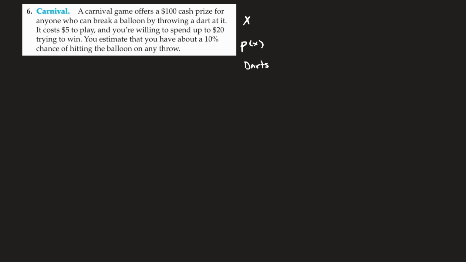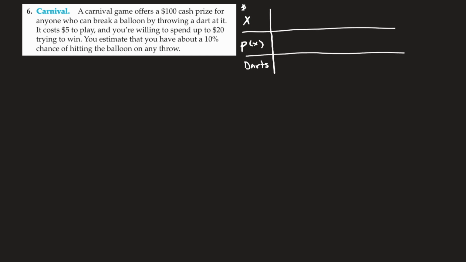Okay. In this example, it asked me 3 questions, right? It says, make a table, then what's the expected number of darts, then what's the expected payout. And so here we're talking about the dollars for X, but be careful.